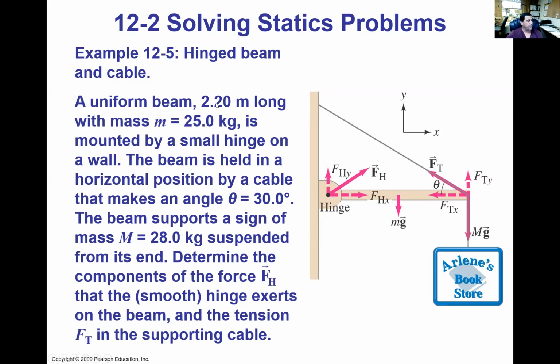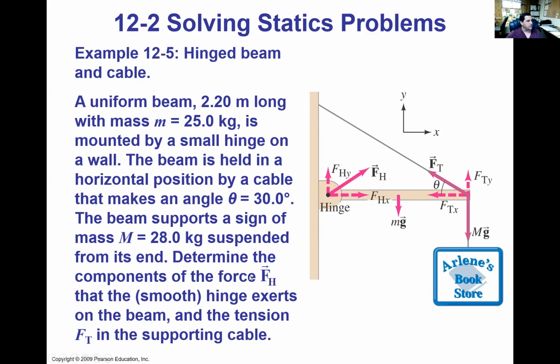The beam is 2.2 meters long, has a mass of 25 kilograms, is mounted on one side by a hinge, and the beam is held by this cable. The cable makes a 30-degree angle. The beam supports a 28 kilogram sign suspended from its end.